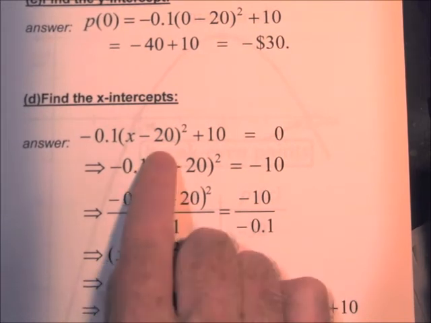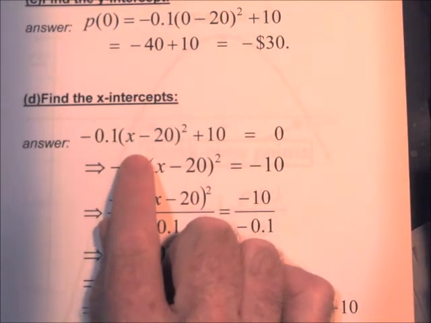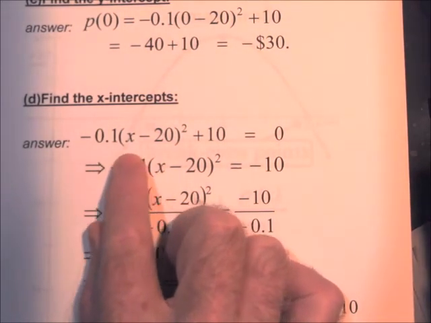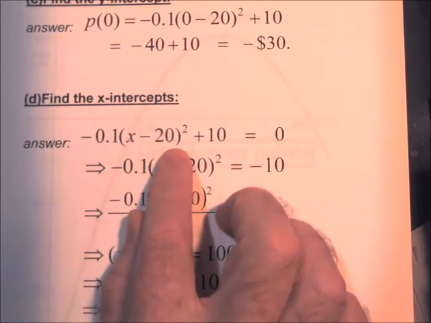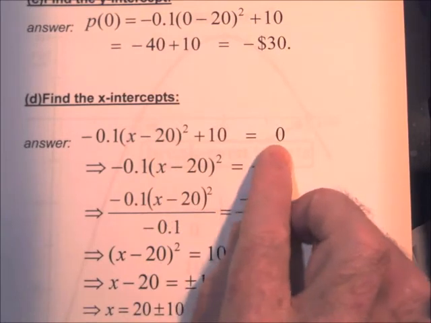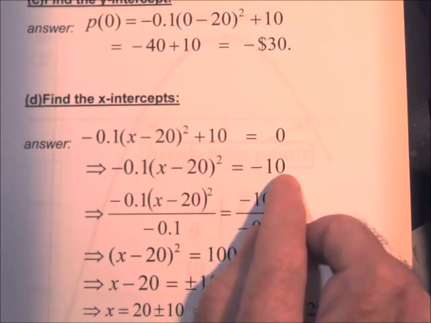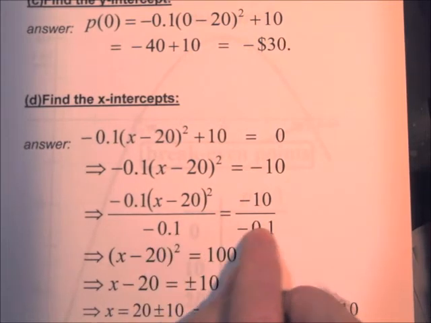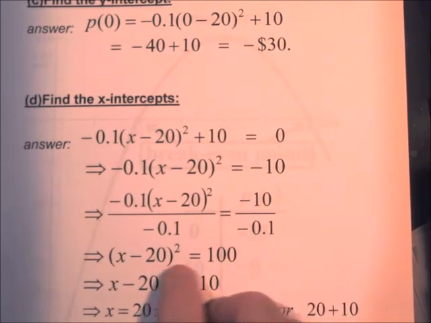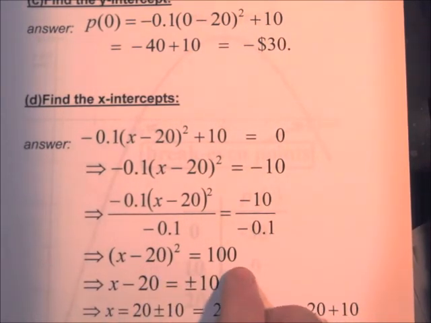And to get the x-intercepts, we want to set P(x) equal to 0. So -0.1(x - 20)² + 10 = 0. Add negative 10 to both sides. Trying to isolate the x, divide by negative 0.1. That gives you (x - 20)² = 100.